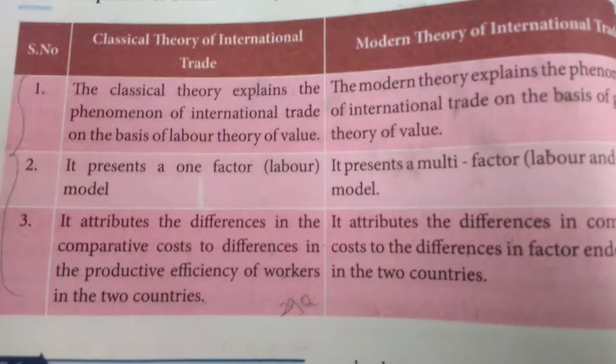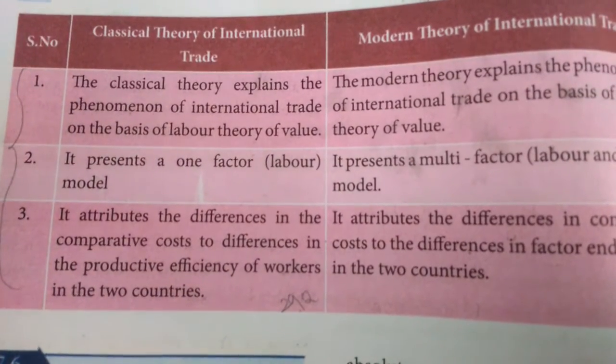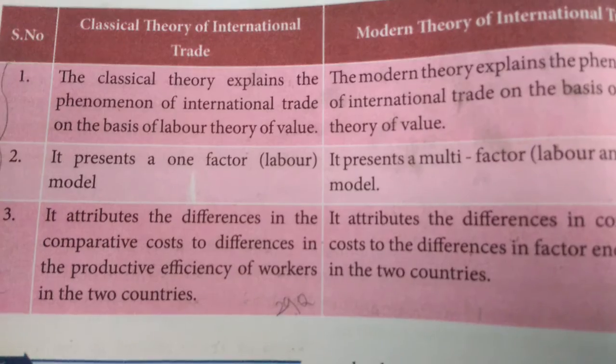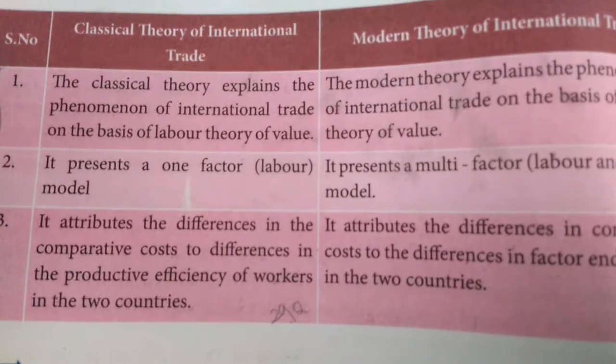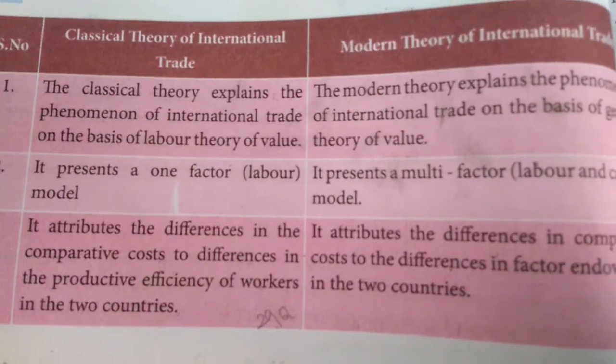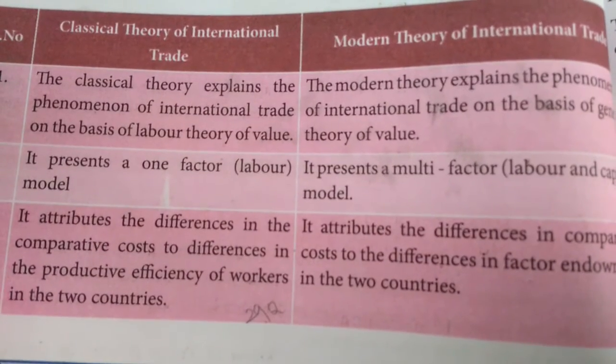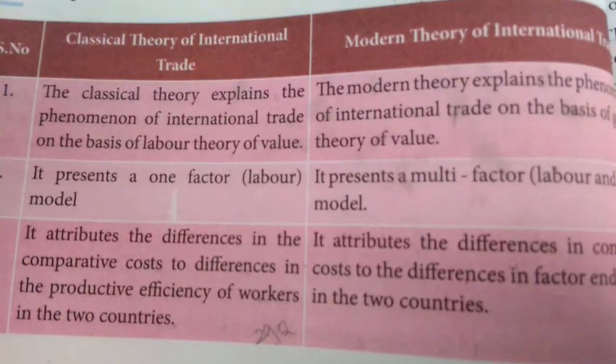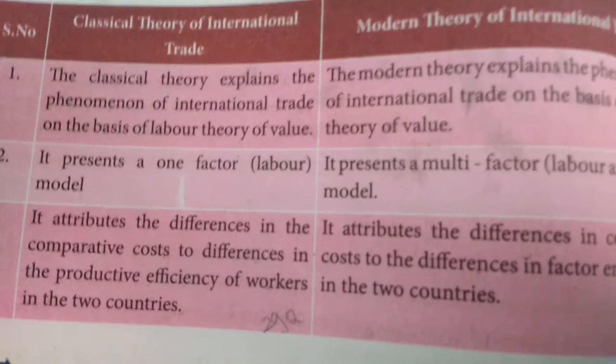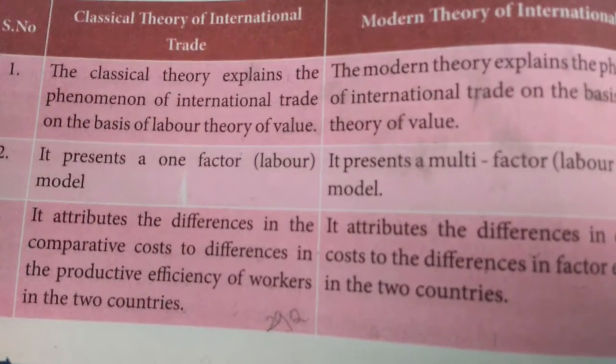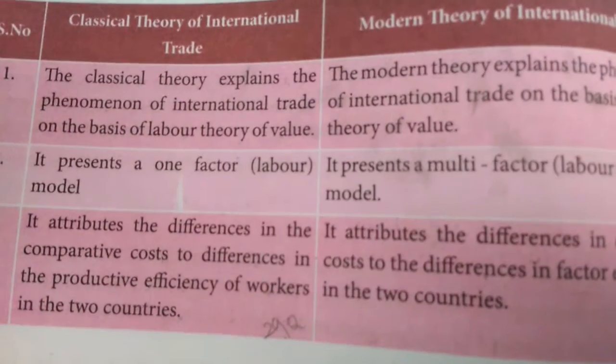Next, the classical theory attributes the differences in comparative cost to differences in the productive efficiency of workers in two countries. The difference in productivity of the workers only is the reason for the comparative cost.